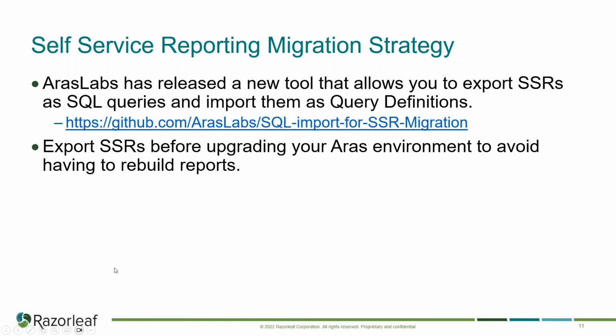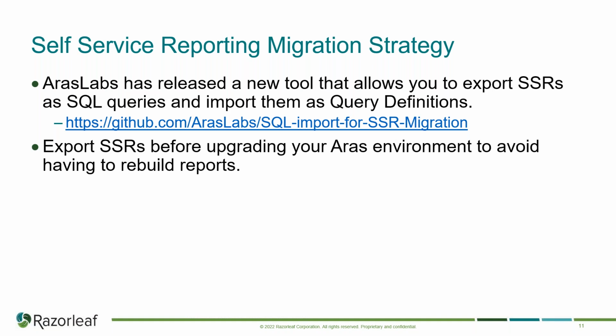Another key point here is, I think the last Tech Tuesday we mentioned that self-service reporting is going away as of release 31. And at the time, there wasn't really a tool that allowed you to export those SSRs and migrate them into the new Aras reporting structure. So Aras Labs released a new tool that allows you to export SSRs as SQL queries and import them as query definitions.